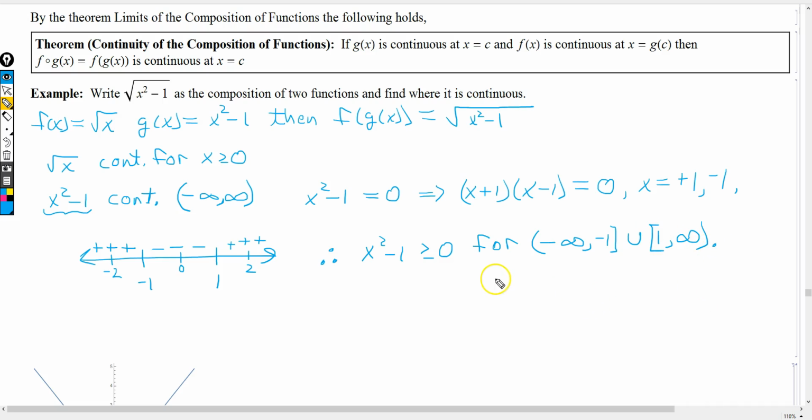And so what we have then is that this composition function will be continuous on this interval.